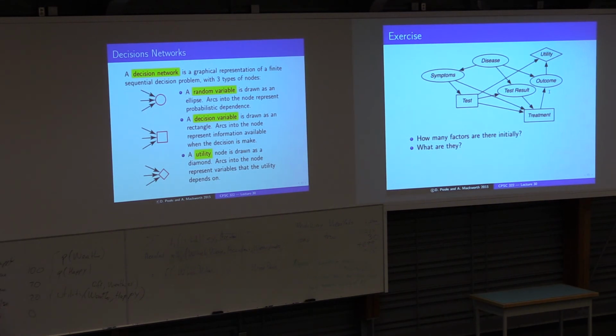So how many factors are there initially, and what are they? Okay, who can count? How many are there? I heard someone say five. Any others?